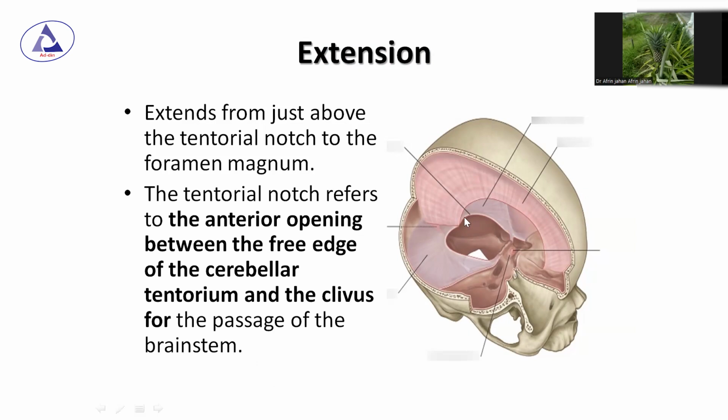This is tentorial notch. The lower opening is foramen magnum. This is foramen magnum. So, brainstem extends from tentorial notch to the lower border of the foramen magnum.